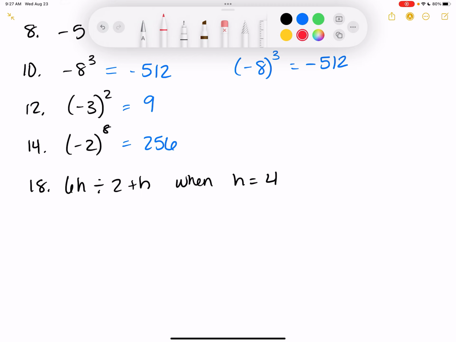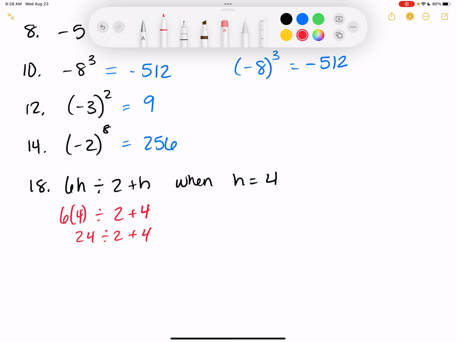So everywhere I see an h, I'm replacing it with 4. So I'm going to have 6 times 4 divided by 2 plus 4. Based on order of operations, what am I doing first? 6 times 4. 24. Yep. So that's 24 divided by 2 plus 4.